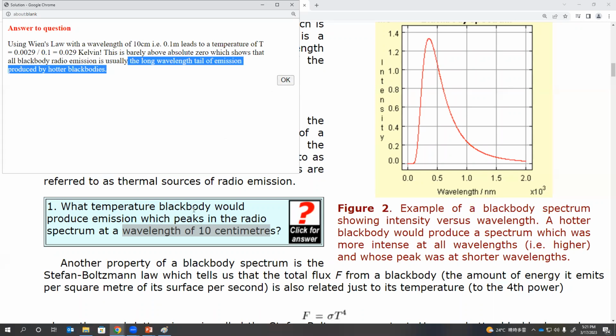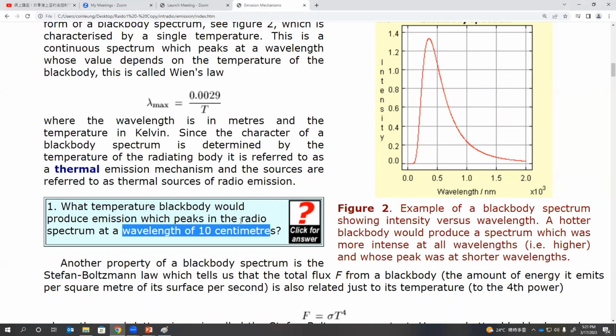So why do we select 10 cm for all of you? If some experts work on solar radio physics, the 10 cm band is an important band that can indicate our Sun's activity.